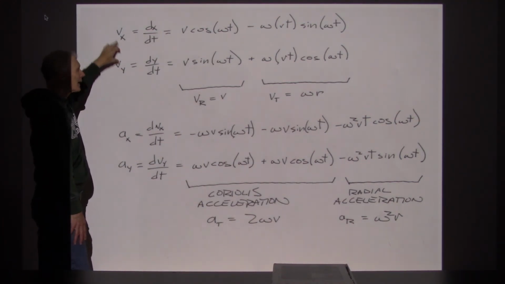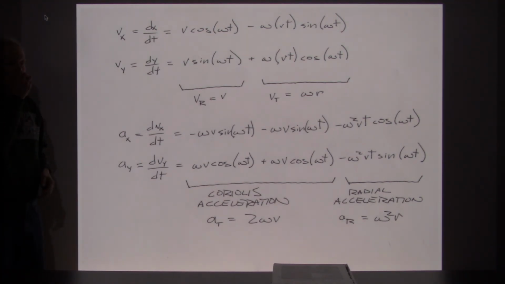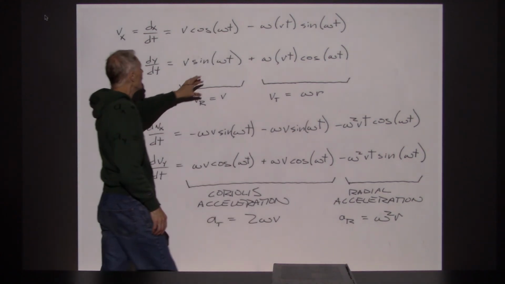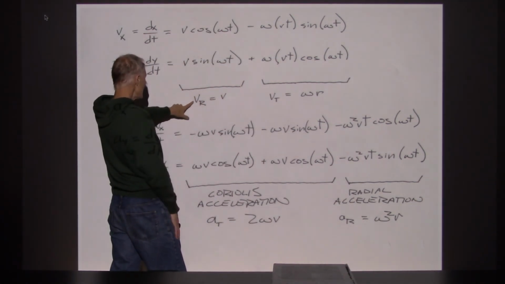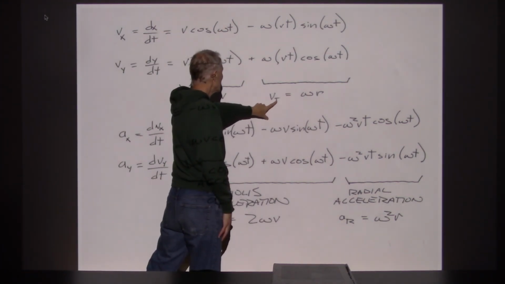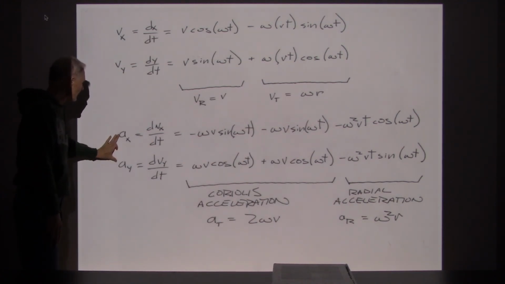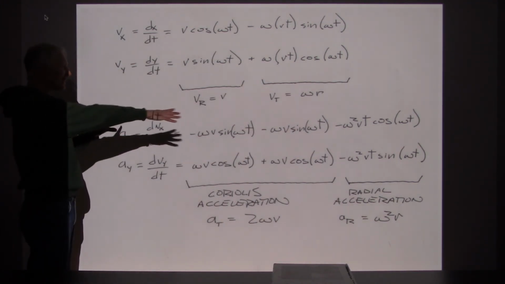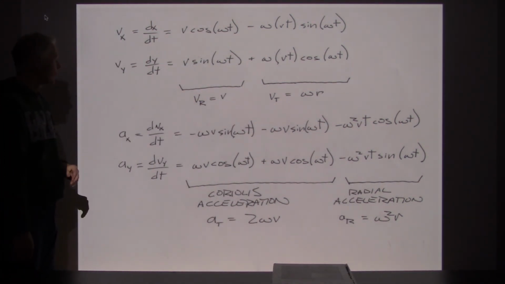Now when I did that, I had to use the product rule for taking derivatives, and it gave me two portions. It gave me a radial velocity, and it gave me a tangential velocity. And then I did another set of time derivatives to get accelerations x and y. And when I did this, I got an even more complicated expression.